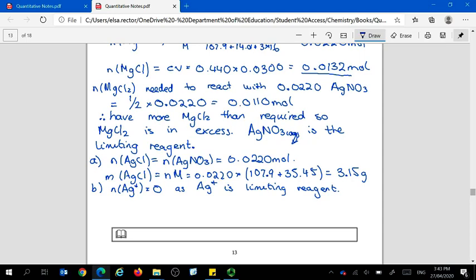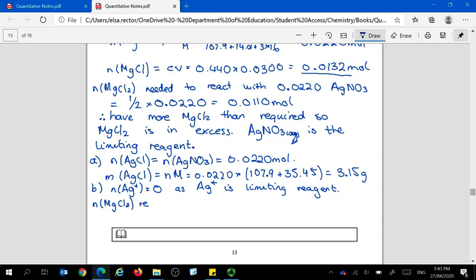But what about the other one? Because we did have magnesium chloride in excess. So how much magnesium chloride do we have left? Let's have a look. So I'm going to consider all of magnesium chloride.